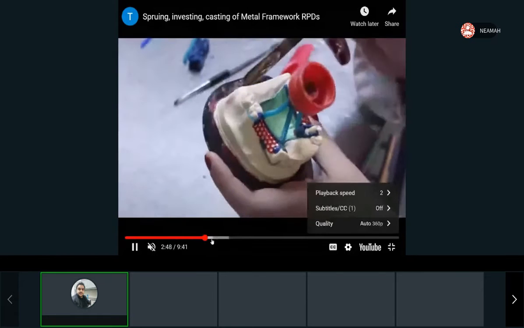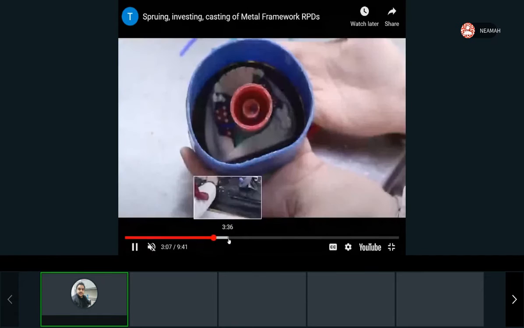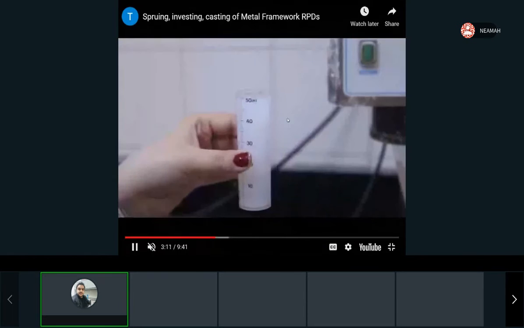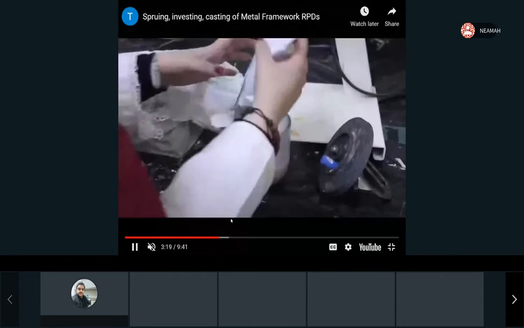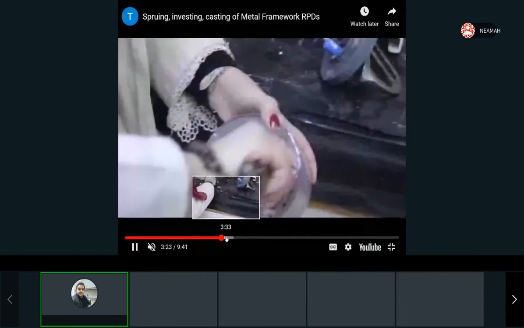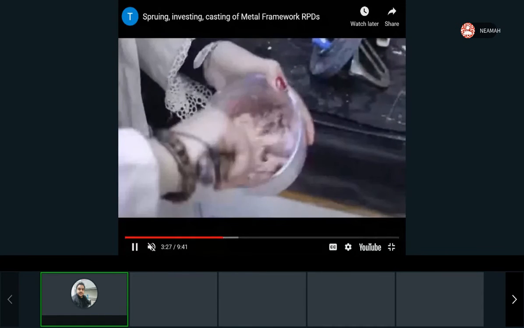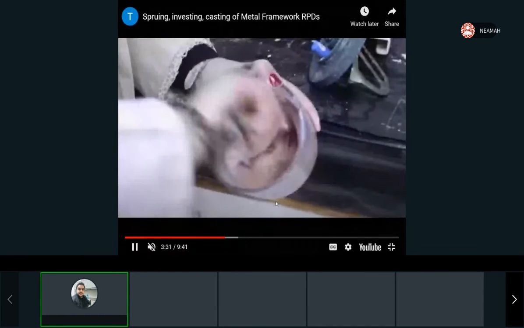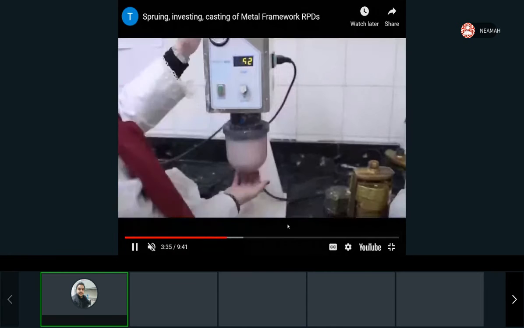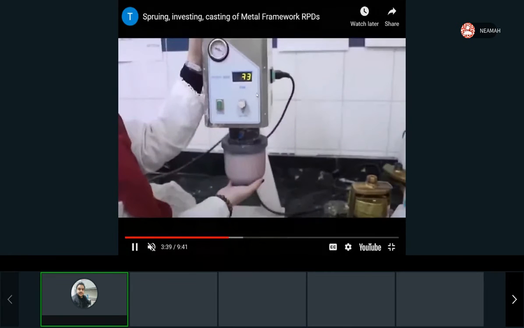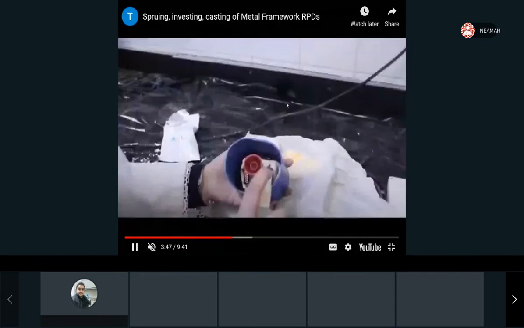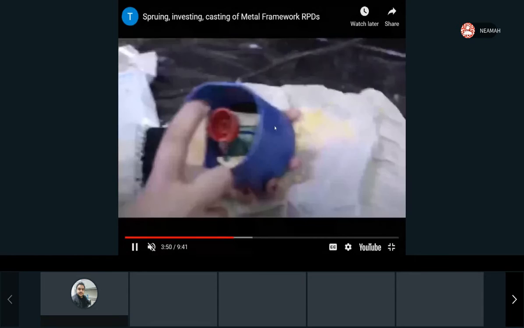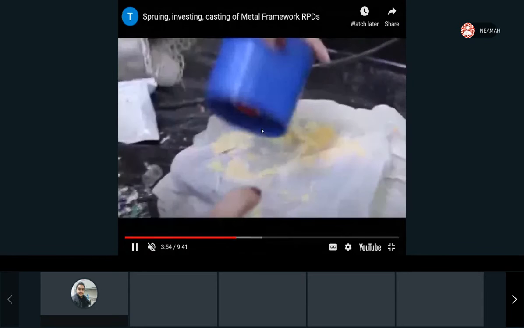They're just sealing it up and all of that. And now you'll see they pour some plaster into it. They're using this mixing machine that mixes the plaster or the stone, well, any type of gypsum products, because it has a vacuum in it. Putting a separator.